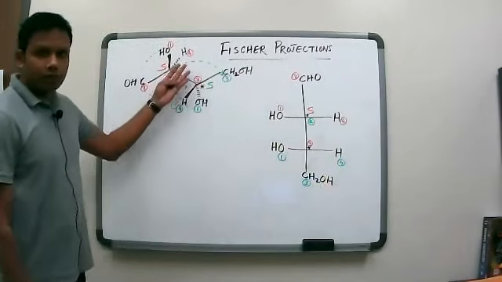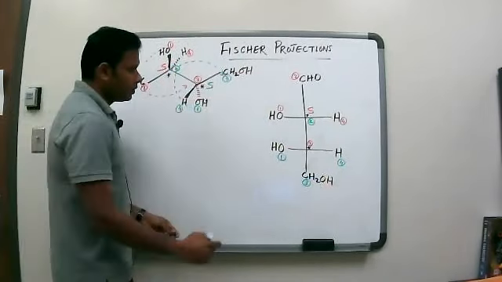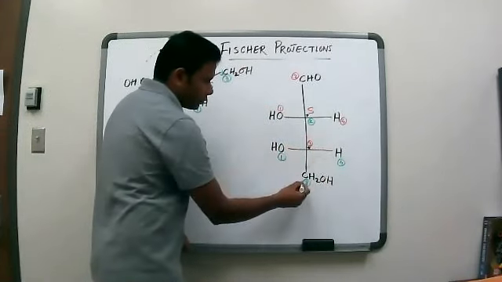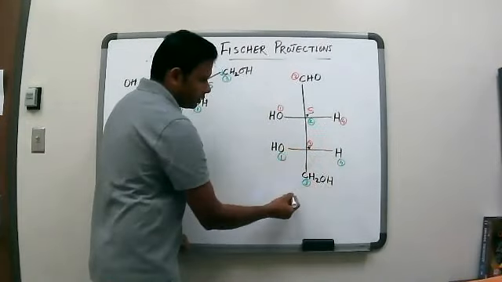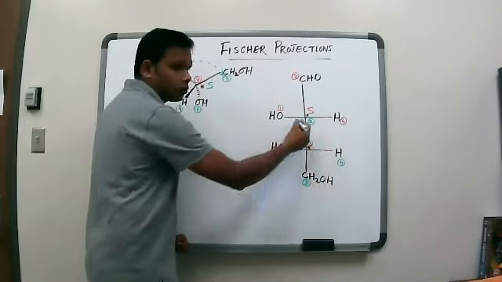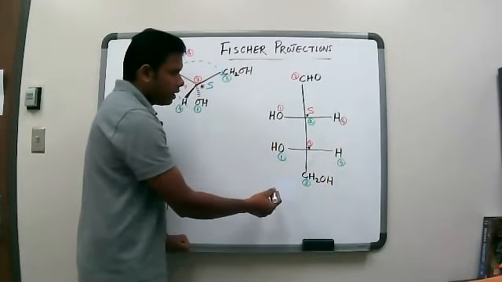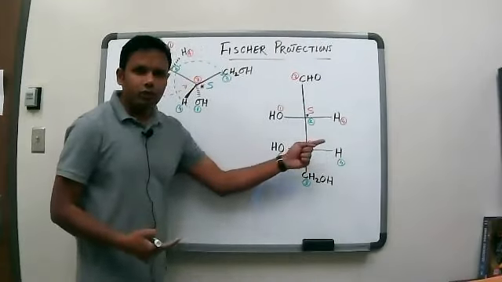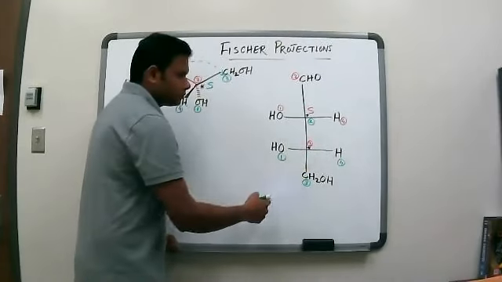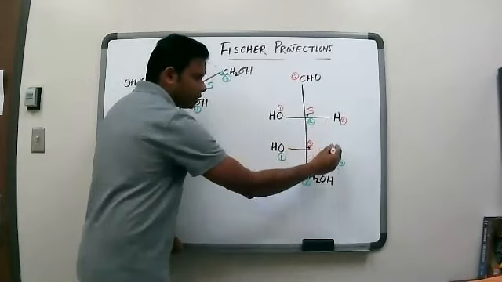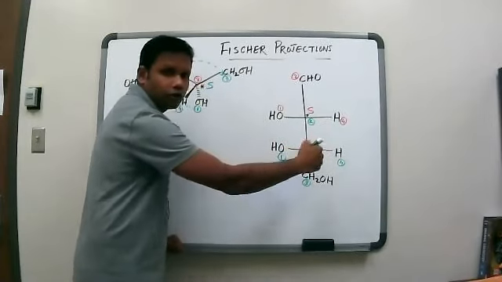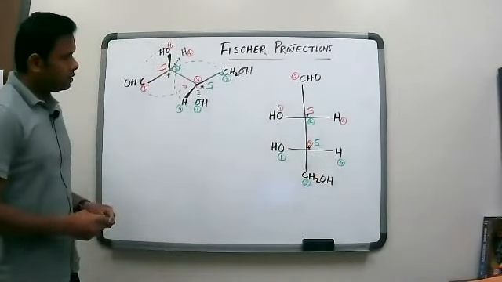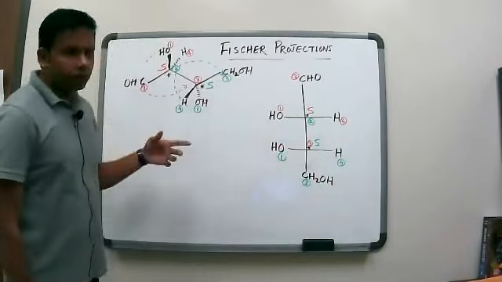Okay, so I've basically transferred all the priorities from here. And so in going from 1 to 2 to 3, this is a clockwise rotation again. And the hydrogen is on a horizontal bond, which is a wedge. That means, so clockwise means R, but the lowest priority group is on a wedge. So this is also an S. So essentially what we got here is this exact molecule.